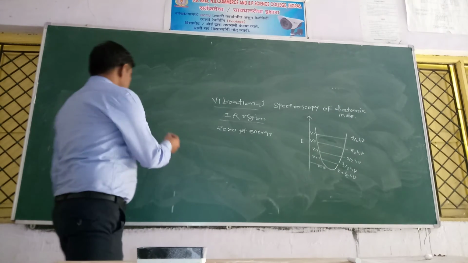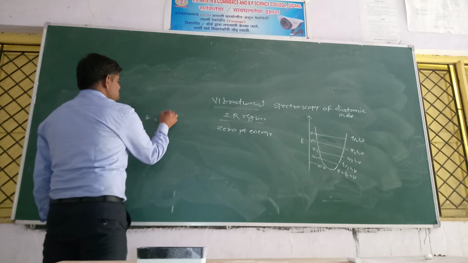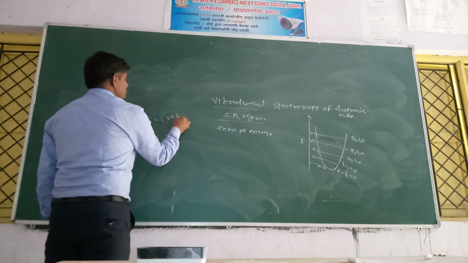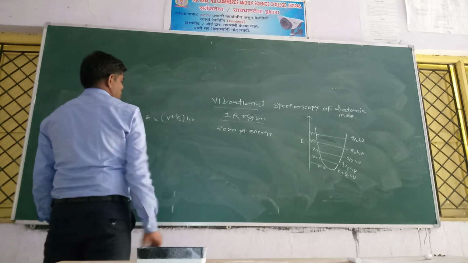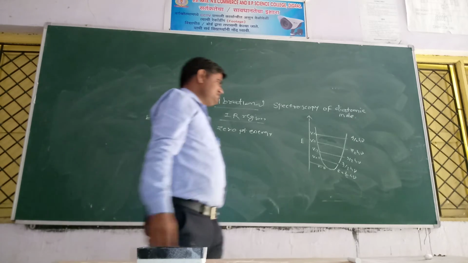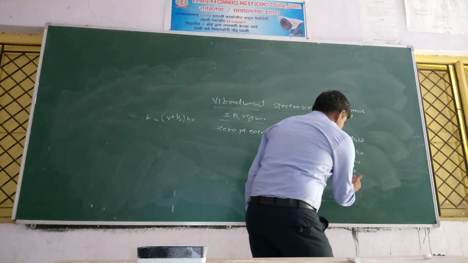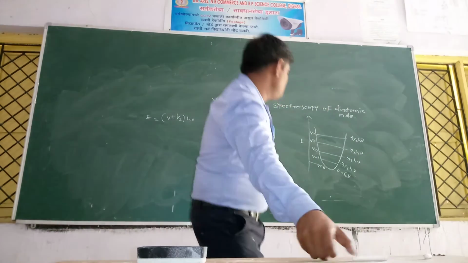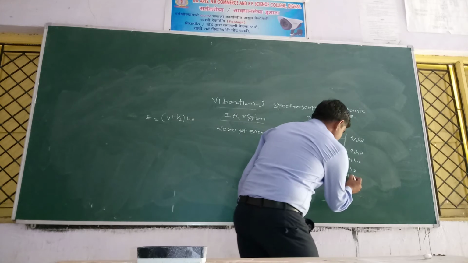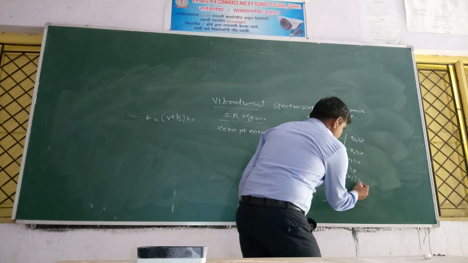In another sense, energy can be written in the form E is equal to v plus half h nu.